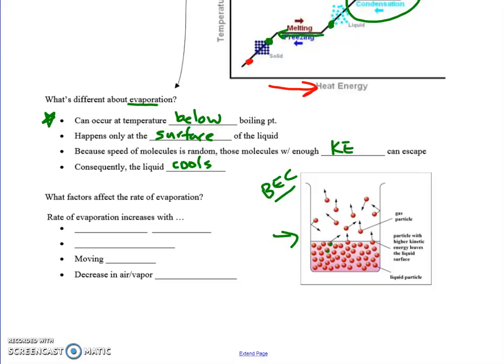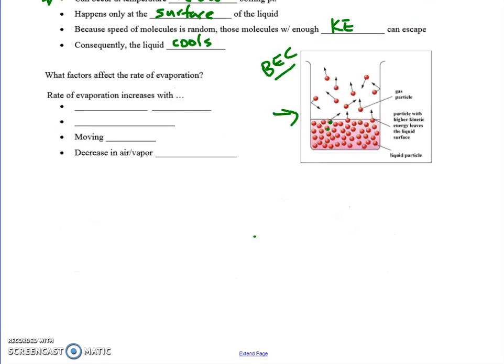You take a small sample of atoms, let's say on the order of thousands or tens of thousands, which is tiny, and you trap them in a magnetic field, and you lower the threshold of the magnetic field so that the faster moving molecules can escape that threshold, leaving behind those that are barely moving, and you get a very powerful cooling effect. So there's a lot to be said about evaporation as an important and very effective way of cooling.